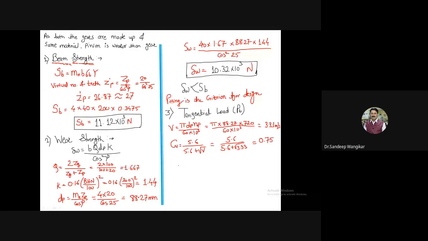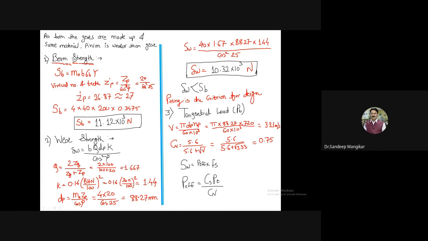Now, SW is the criterion, so I will directly use the relation in terms of SW. Instead of calculating P effective separately, SW is equal to P effective into EFS. The effective load is equal to CS PT divided by CV.